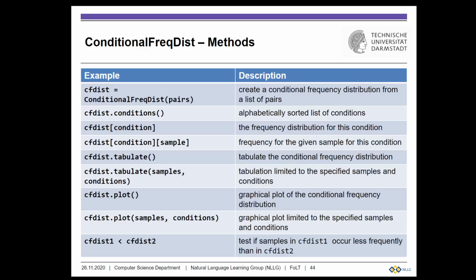Okay, cool. So we have seen ConditionalFreqDist as an NLTK object and as an NLTK functionality that allows us to do text generation, and it's also allowing us to do analysis and comparison of text in corpora along different dimensions.